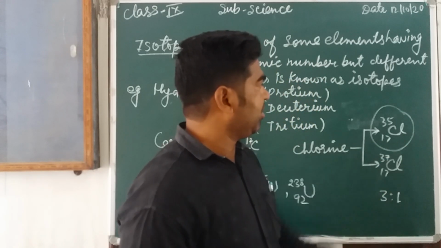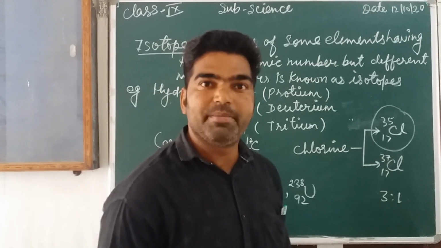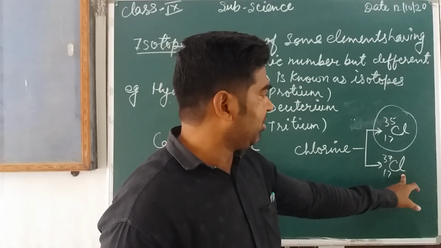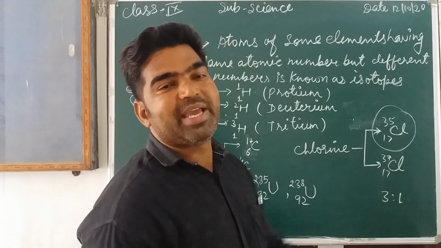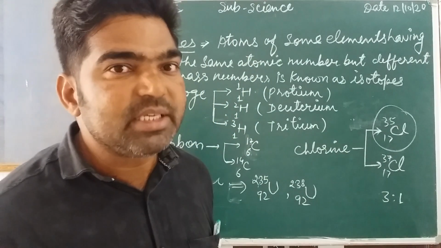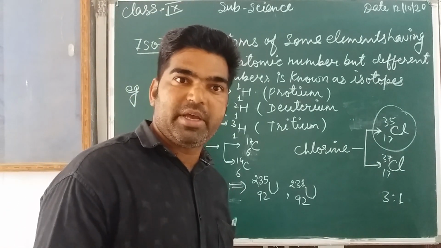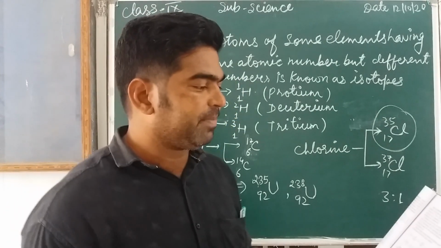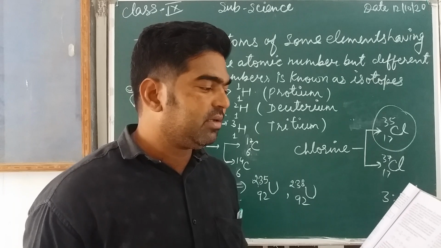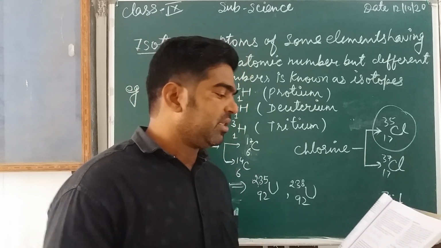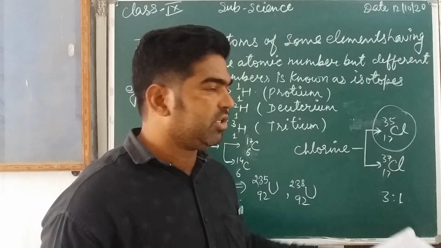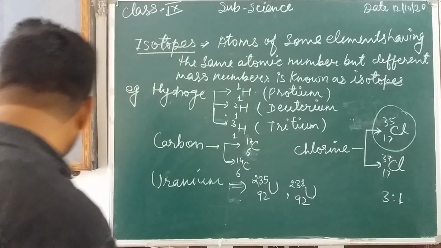Means chlorine 35 is 75% and chlorine 37 is 25%. So by this percent or ratio we can calculate the average mass. Okay, so let us see, here it is clearly given the average atomic mass of chlorine on the basis of this above data, means this ratio 3 is to 1, we can calculate the average mass.